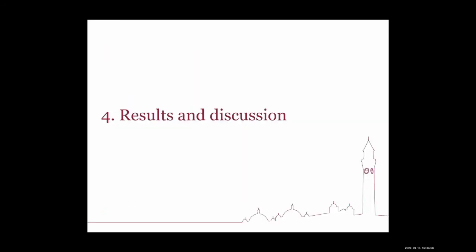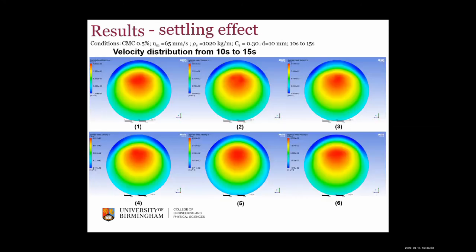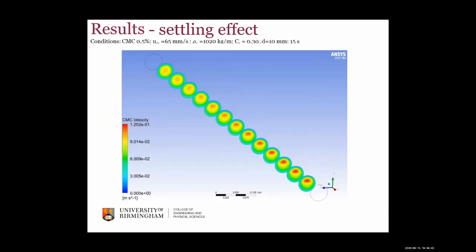The interesting thing here is that as the pipe length increases, the velocity is developing. For the single phase laminar flow, after the entrance length, it will become stable.